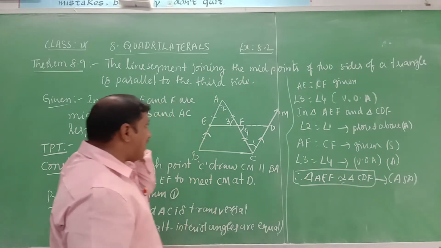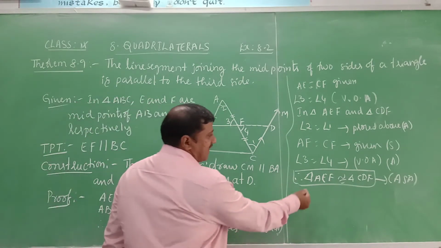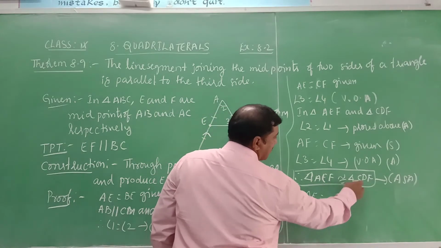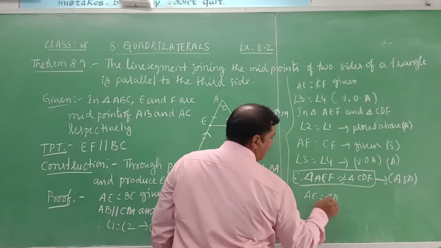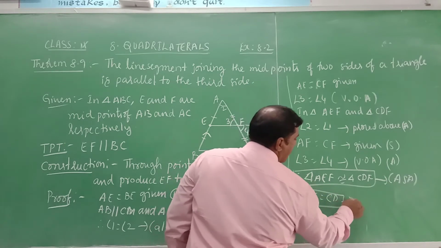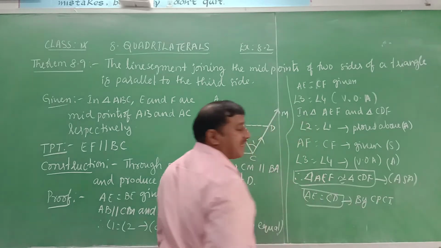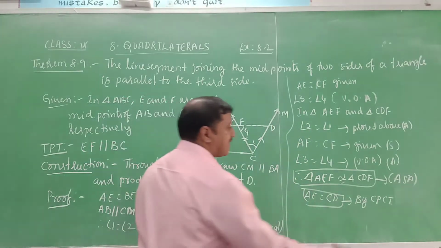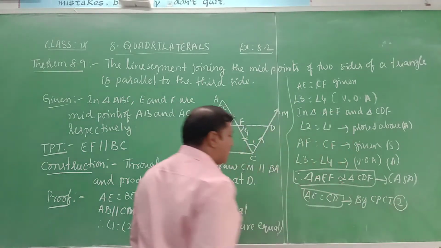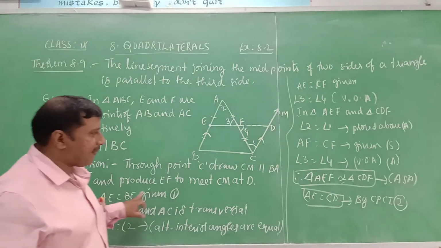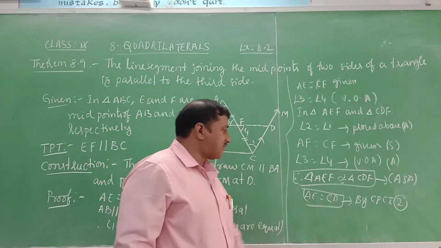Now by CPCT, what we can see here? By CPCT, the first two letters, AE is equal to CD. AE is equal to CD by CPCT, and you take this as equation 2. Now we observe equation 1. AE is equal to BE and AE is equal to CD.